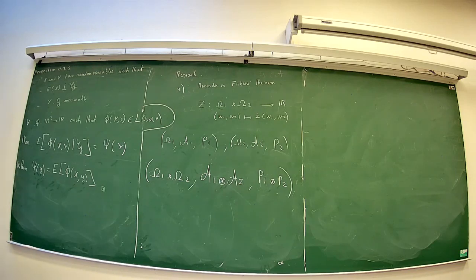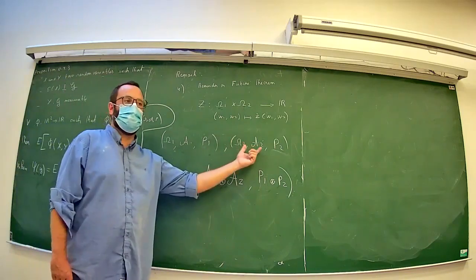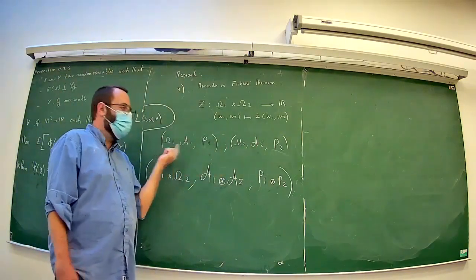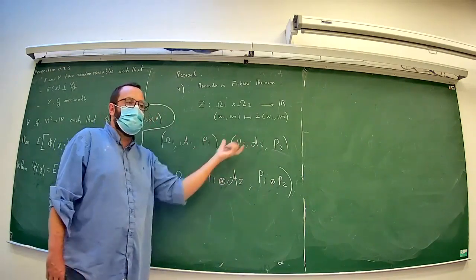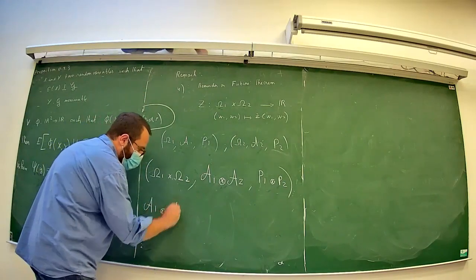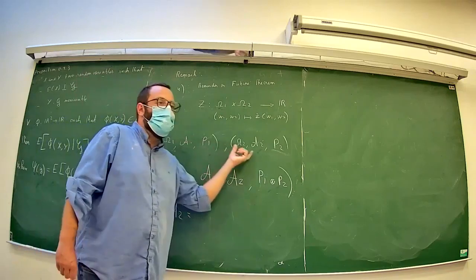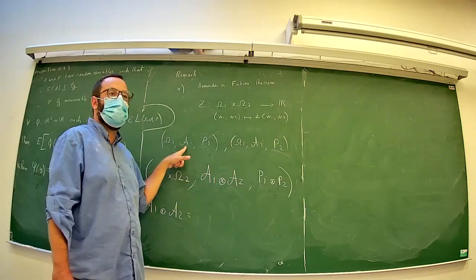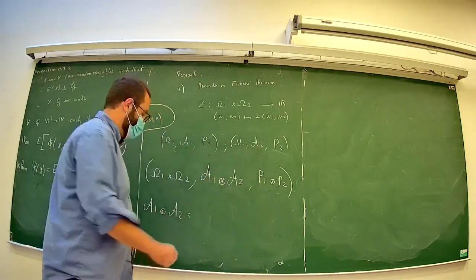Let me remind what they are. In fact, I have two sigma algebras. So I have sets here that are subsets of omega 1, and here I have subsets of omega 2. A natural idea, if I want to equip omega 1 times omega 2 with a sigma algebra, is to see what happens if I take the products of the elements that are here by the elements that are here. Why not?